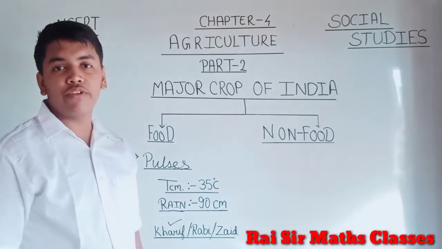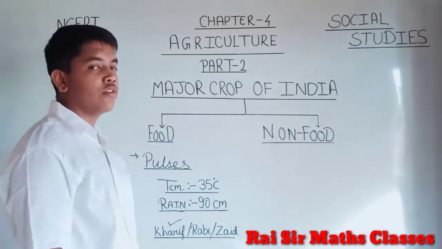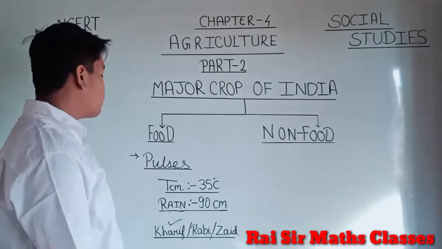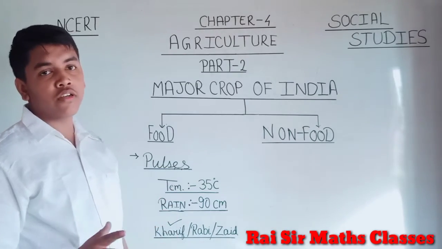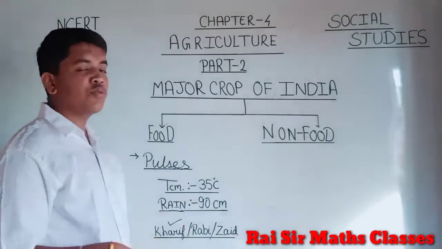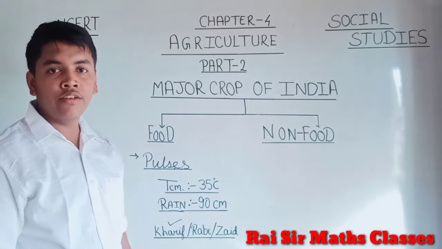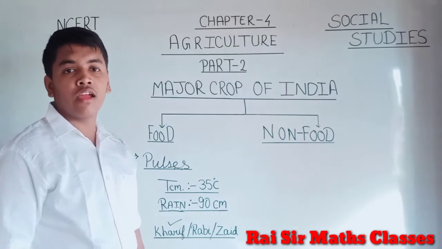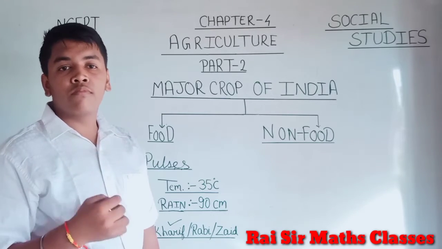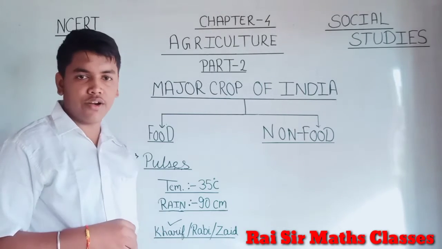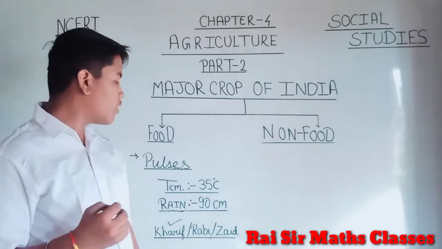The nitrogen fixation is done most by these crops rather than anyone else. So it is a most important term, and that is why it is rich in protein, rich in fiber, rich in iron, and some fats also, and carbohydrate in very little amount.